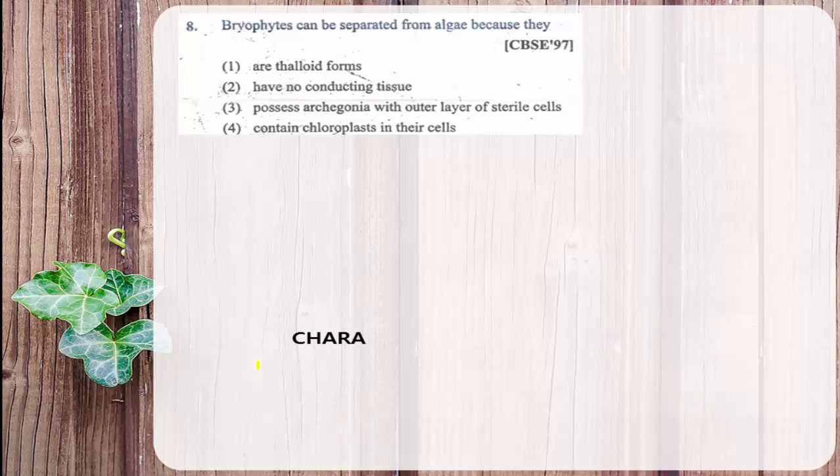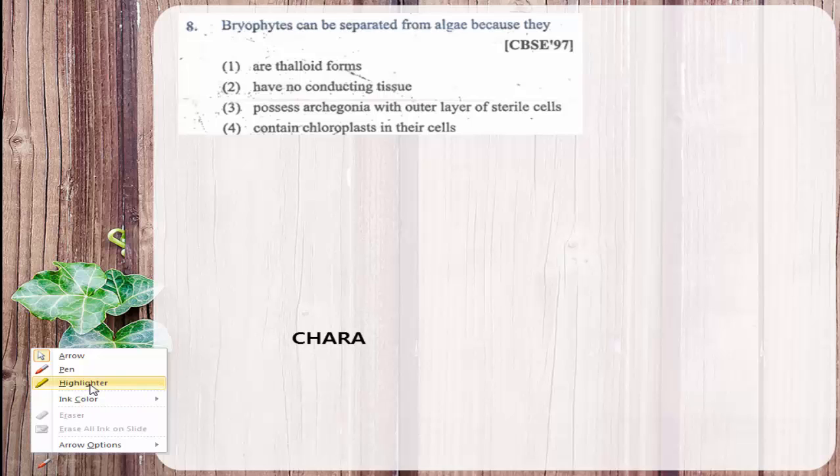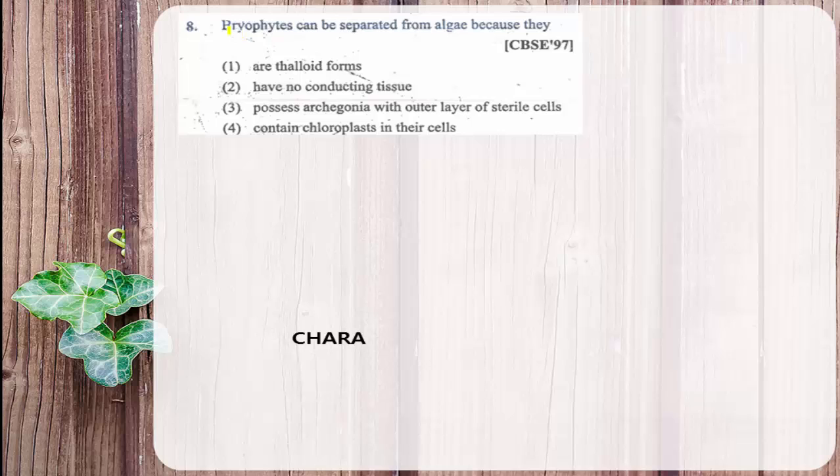Bryophytes can be separated from algae because... what is the difference between bryophyte and algae? Of course, there are many differences, but with reference to the given options: they are thalloid forms, which is actually a similarity. They have no conducting tissues; both bryophytes and algae are non-vascular plants and do not contain xylem and phloem. Possess archegonia with an outer layer of sterile cells.